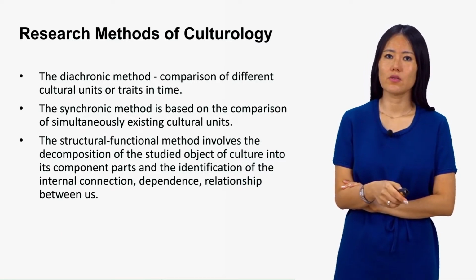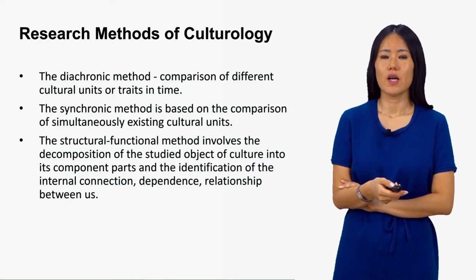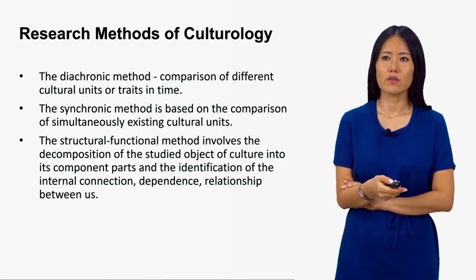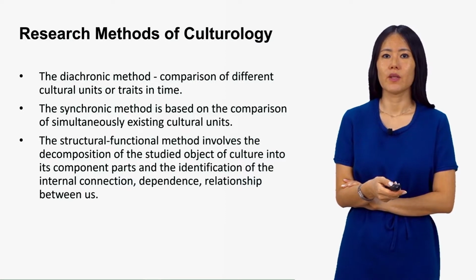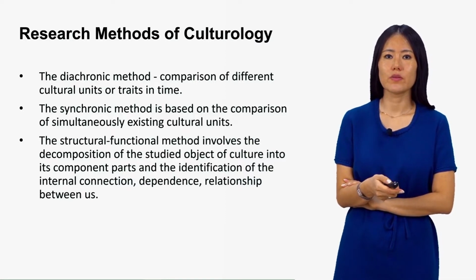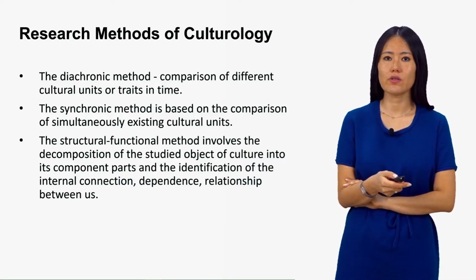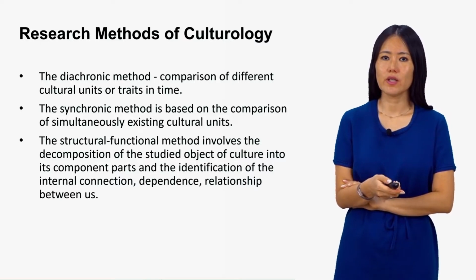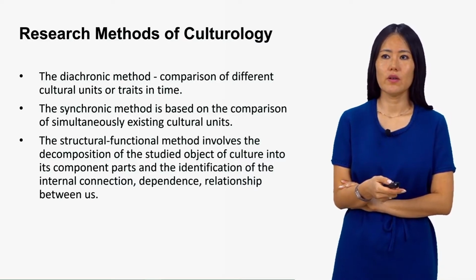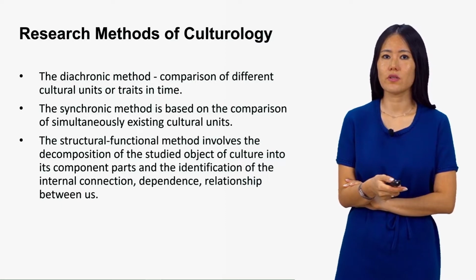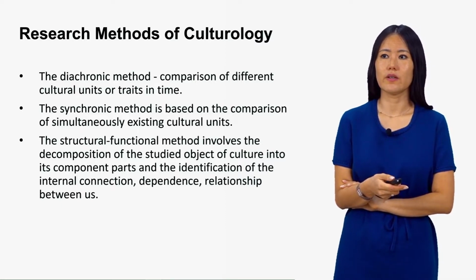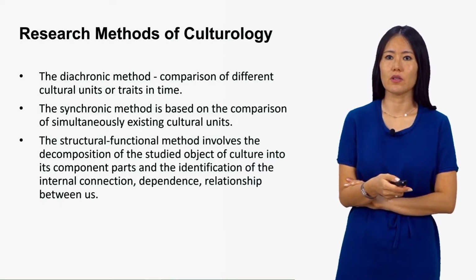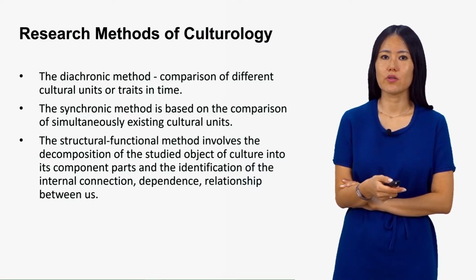So we can distinguish the diachronic method from the synchronic method. The diachronic method deals with the development of cultures in history, but the synchronic method studies cultures at that moment without their historical conditions.